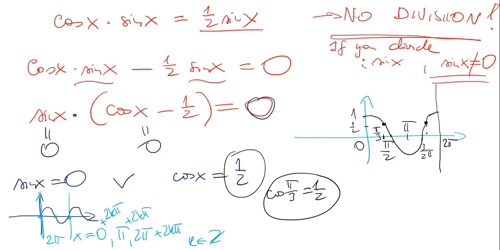So this is pi third, and then we have another point over there, beyond 3/2 of pi, and just remember to use the symmetry in this function. The cosine and sine are quite symmetrical.